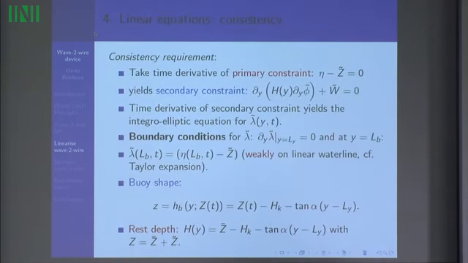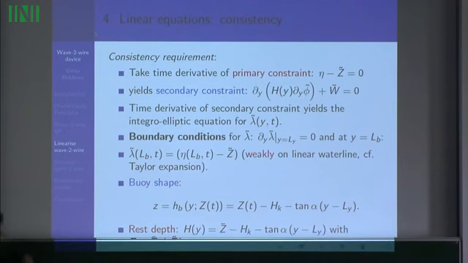So I have the primary constraint, eta minus set tilde. I take the time derivative, and when I take the time derivative, I substitute this, so let me do that because it is important. So d eta dt is minus dy h of y dy phi tilde, and set dot tilde is w tilde.